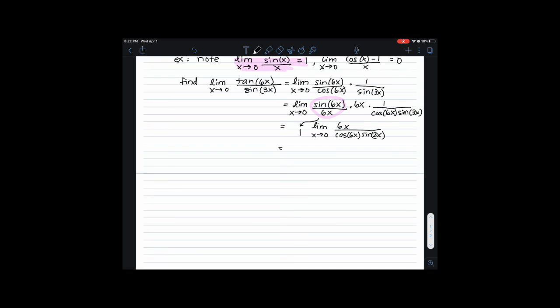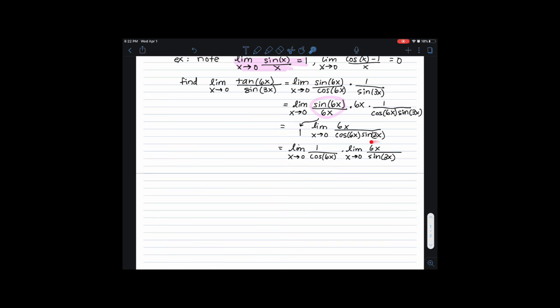So I'm going to divide this out a little bit better. I'm going to write this as the limit as x goes to 0 of 1 over cosine of 6x times the limit as x goes to 0 of 6x over sine of 3x, because we can actually directly plug 0 into cosine of x. The reason we can't plug 0 into sine of 3x is that sine of x is equal to 0 at x equals 0.